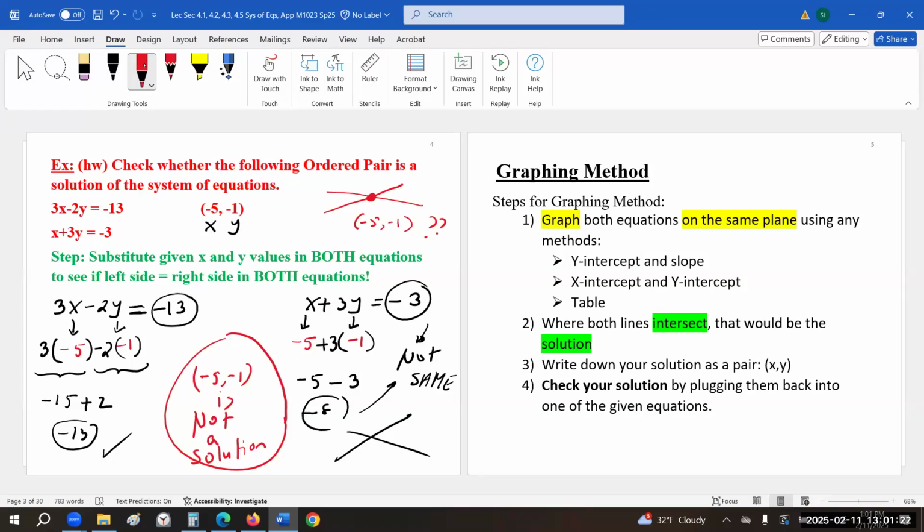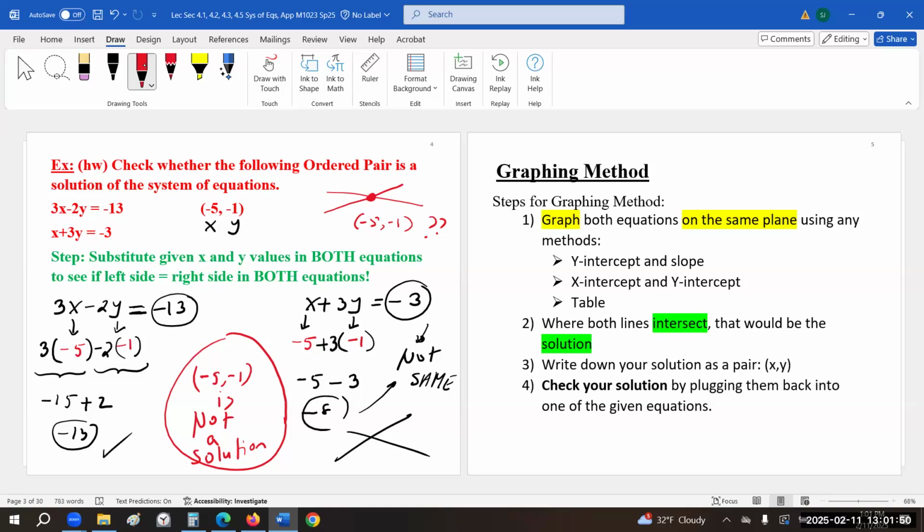So now you know how to verify the solution. So you're going to know how to find the solution. The first method is the graphing method, because in order to find the correct solution, you need a graphing paper and a ruler. If you don't have any one of them, you might not get the correct solution. So what we do in this method is that we graph the two lines and then we see where they intersect.